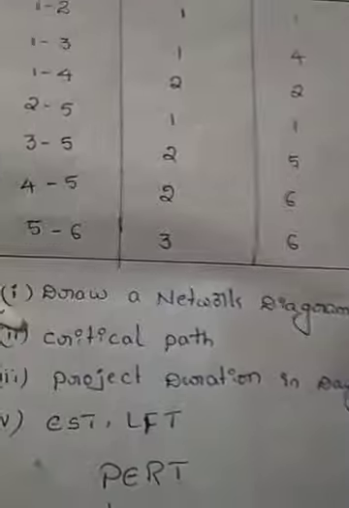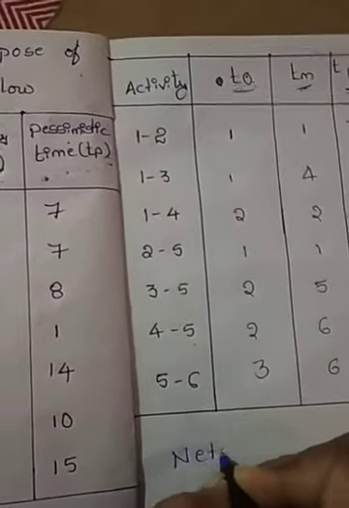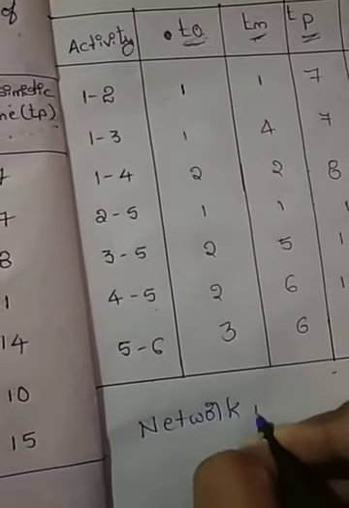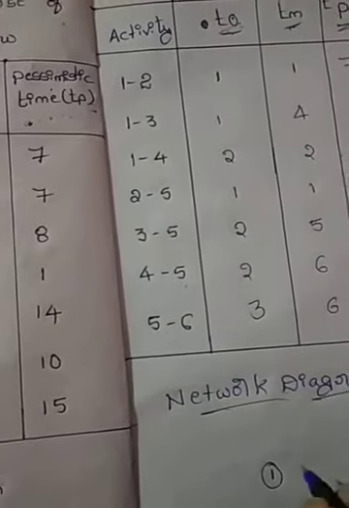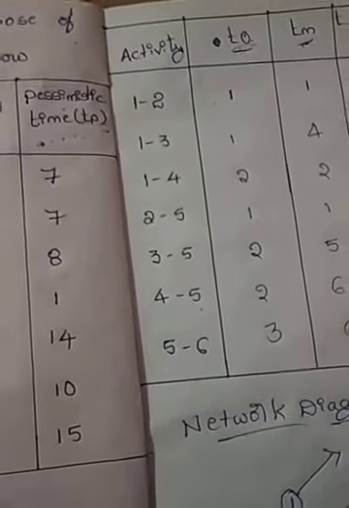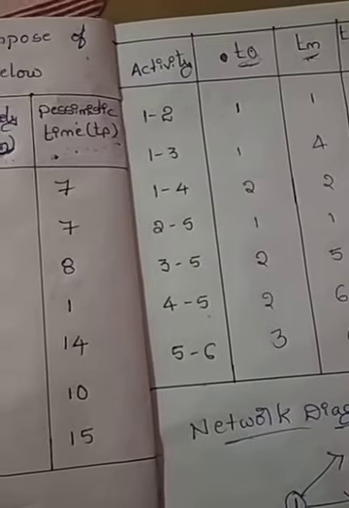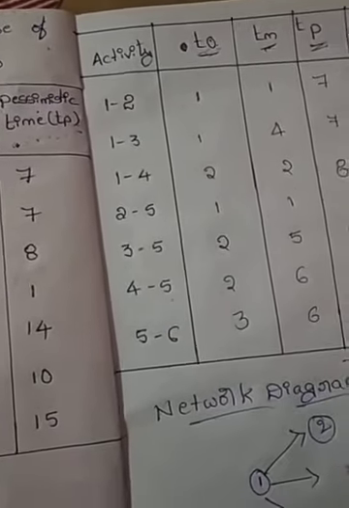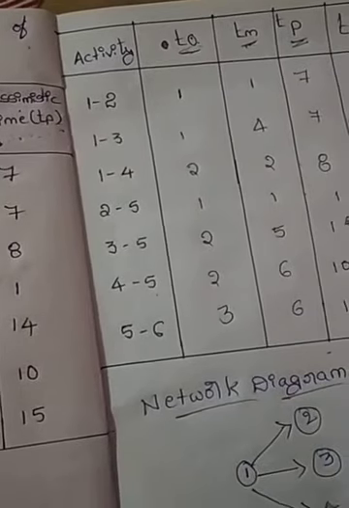Next we have to draw a network diagram. Activity 1 has 3 activities: 1 to 2, 1 to 3, 1 to 4, as already discussed in the critical path method.